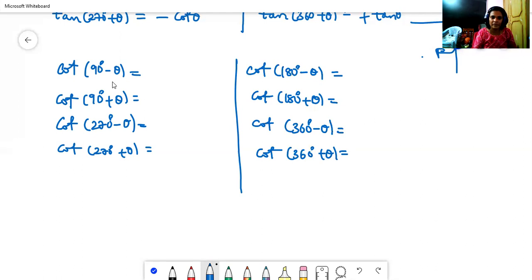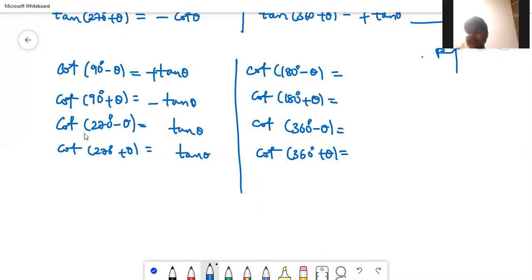Again you check. Here for cot, at 90 and 270 it changes to tan theta, tan theta, tan theta, tan theta. In the first quadrant, it is positive. In the second, minus. In the third quadrant, positive.